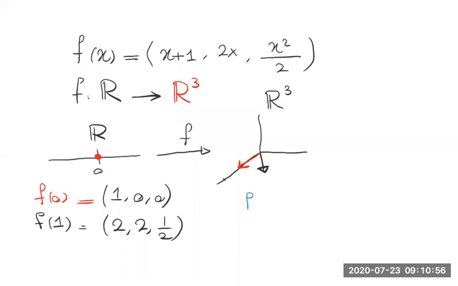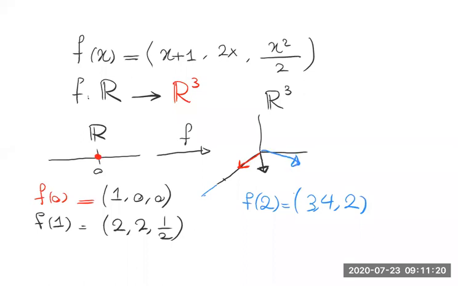What is f of, for example, 2? It is 2 plus 1, which is 3, 2 times 2, which is 4, and 2 squared, which is 4 over 2, that's 2. It goes right by 4, goes up by 2, it's somewhere here.